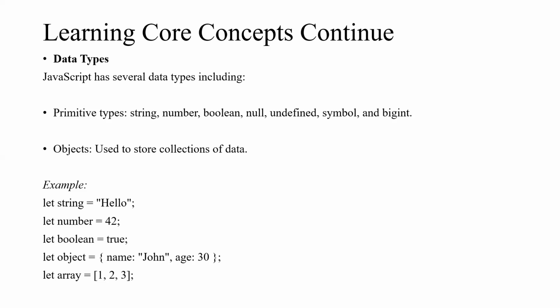Then under object, that is when we use it to store collective data, when we have a lot of data. So if we are having a lot of data, we can define much data as an object. I'm going to go through everything one after the other.